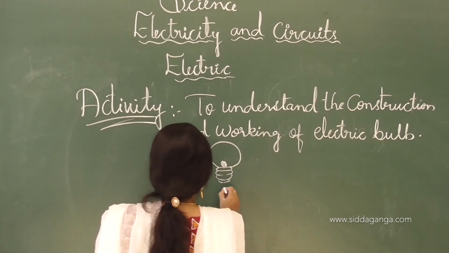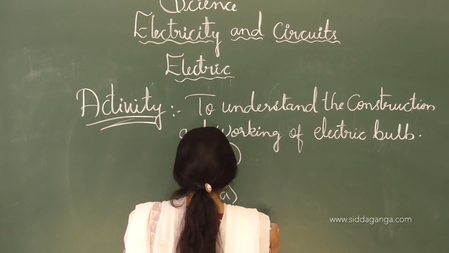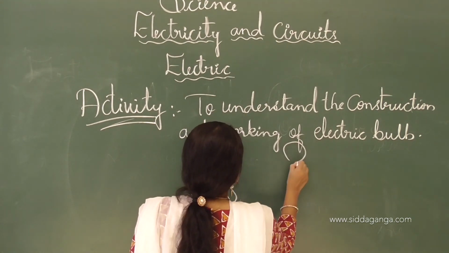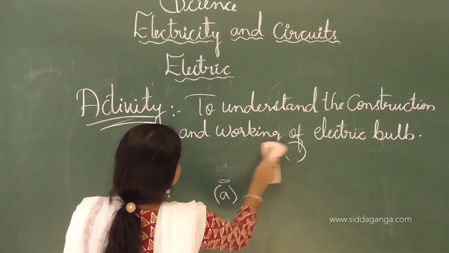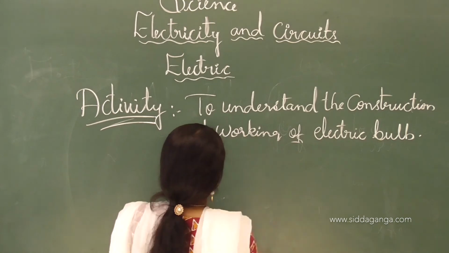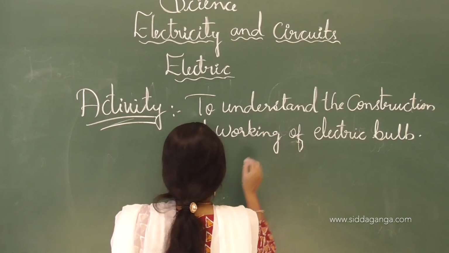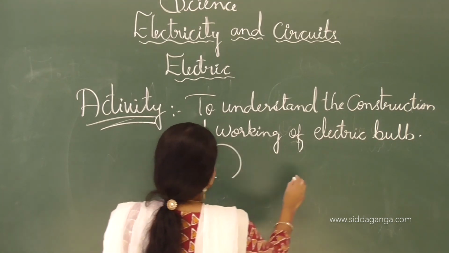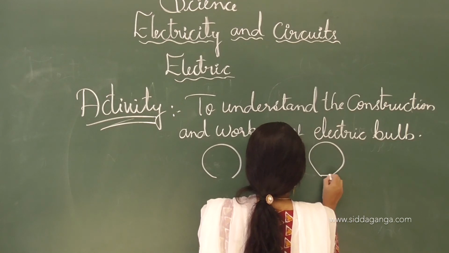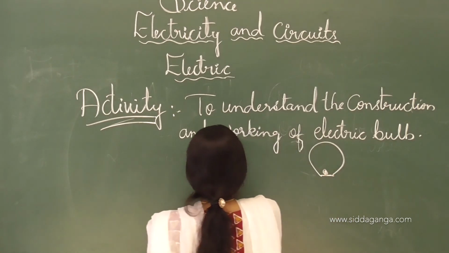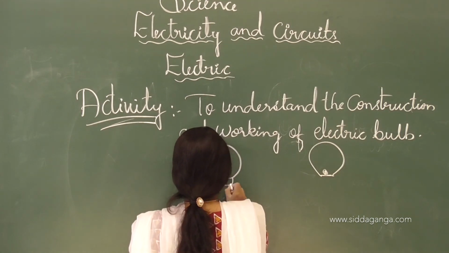This is the bulb A. Here I placed two bulbs, I will write on the board.